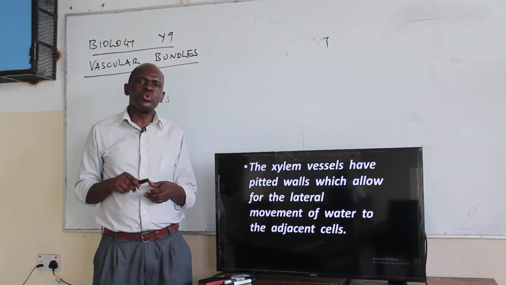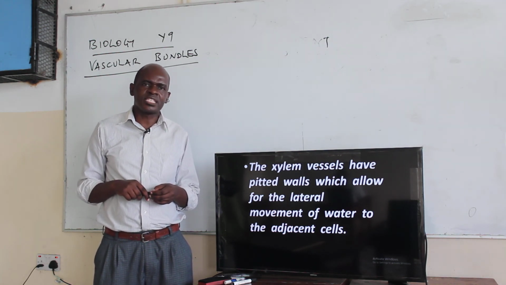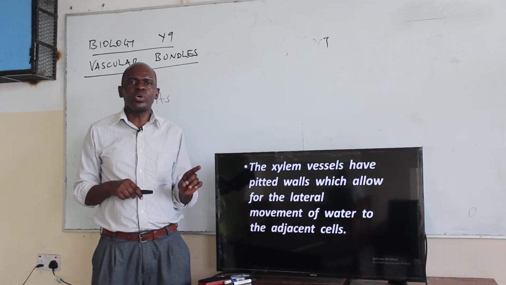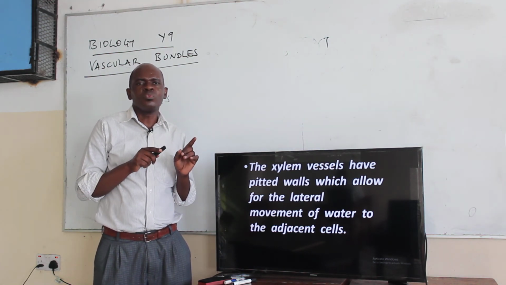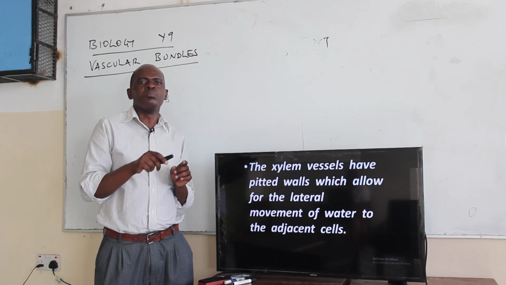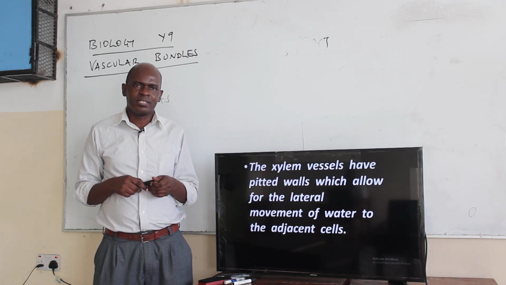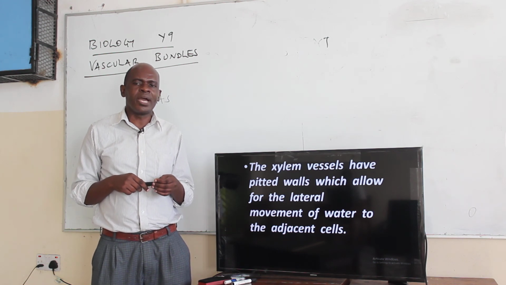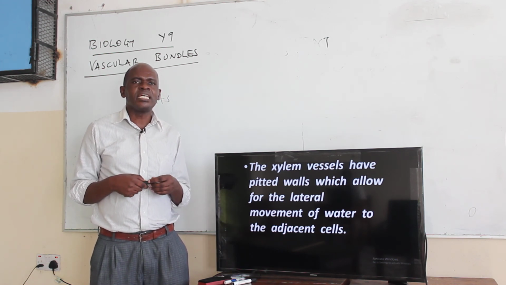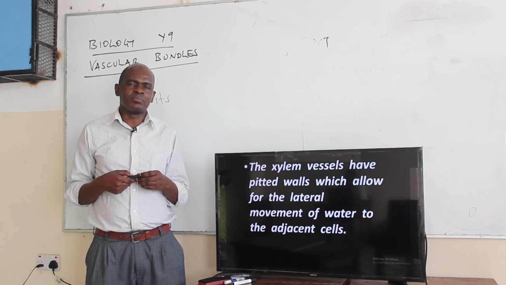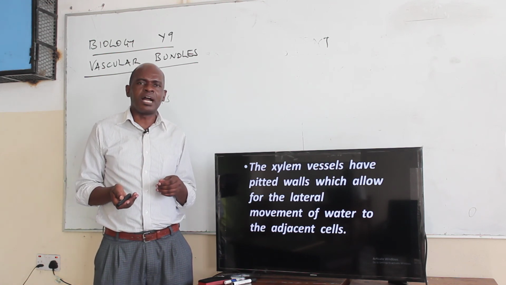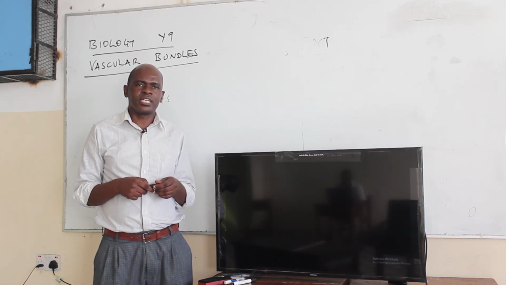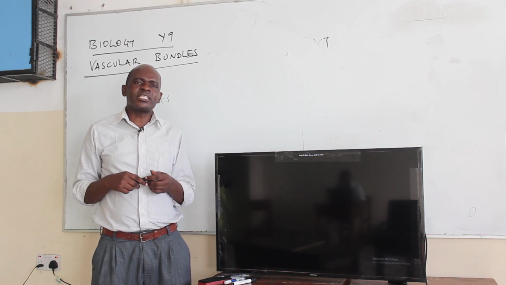Because of the absence of wood, they depend on water for support. So part of the water passing through the xylem will move to the adjacent cells and therefore provide the extra strength required to maintain the upright nature of these stems or herbs.